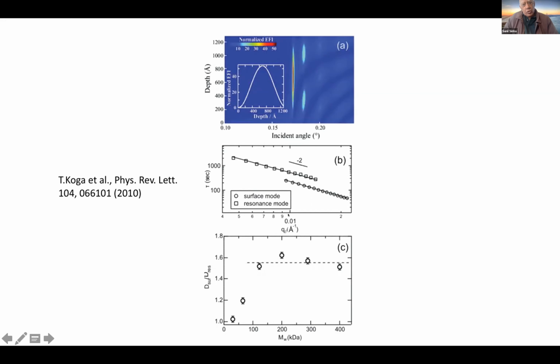And in fact, we showed that the diffusion constant at the surface was quite a bit greater than the diffusion constant in the bulk of the film. Even though we also showed that the glass transitions were not that different, this is an intrinsic property of the film, that particles diffuse faster at the surface.